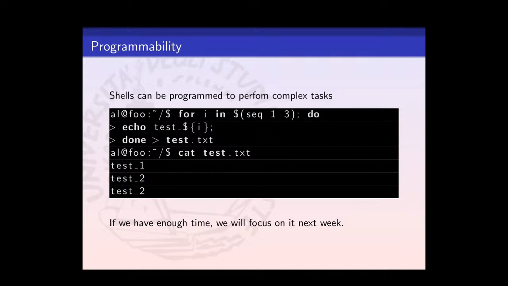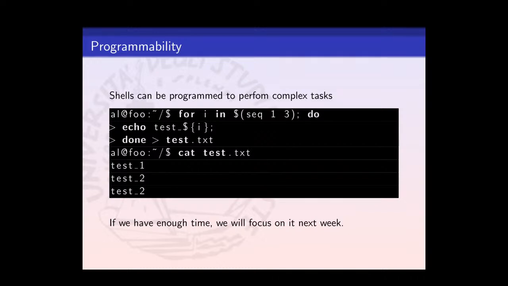So let's go back to what is written in between the in and the do. What is written there is a command again. In particular, this command tells me that I need to evaluate, and this is done by specifying dollar and parentheses, the command seq 1 3.